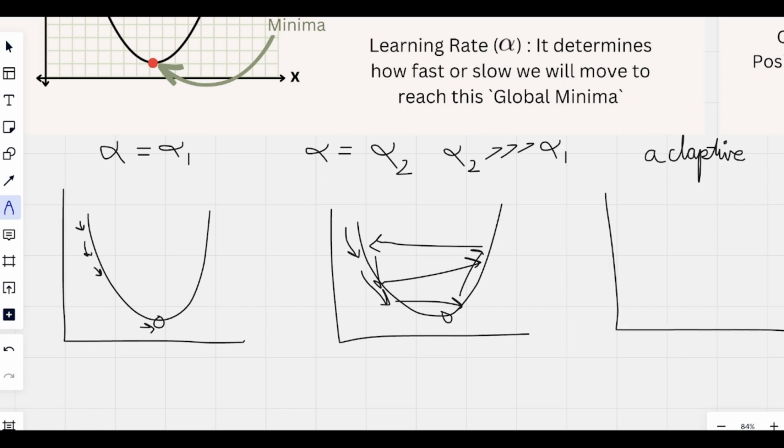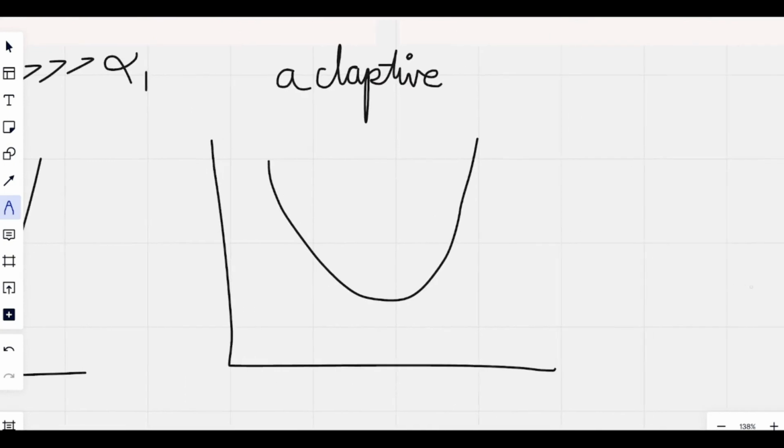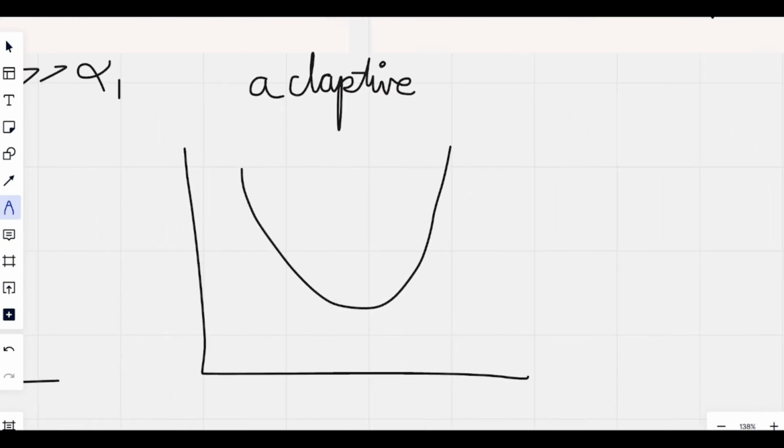Now let's say this is the gradient descent that we have. Now we have to reach here. So we have to find such an adaptive learning rate, which means initially it will take larger steps. But as you approach this global minima, the learning rate will be reduced.